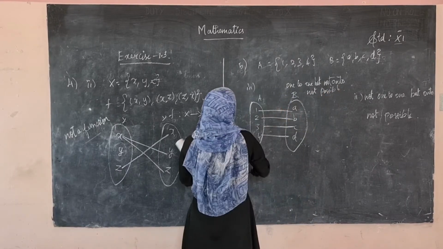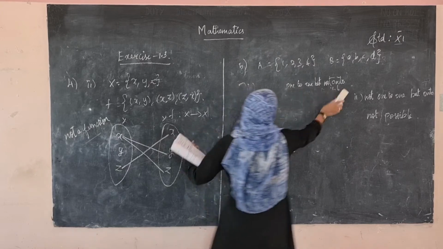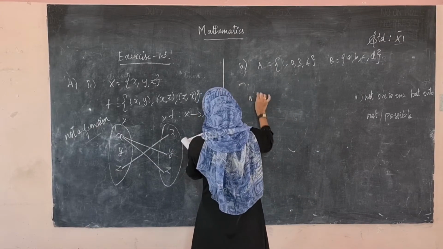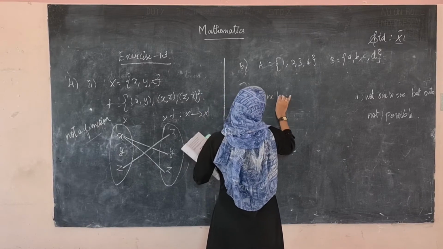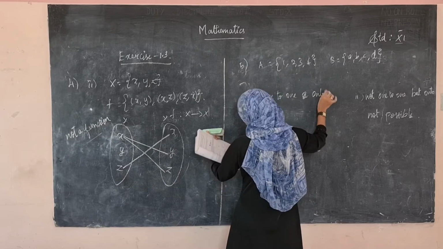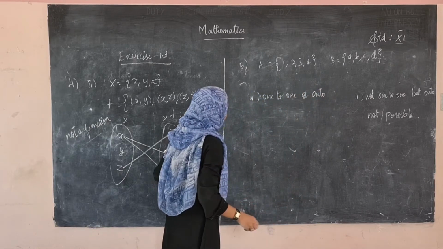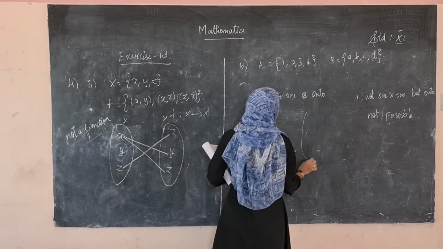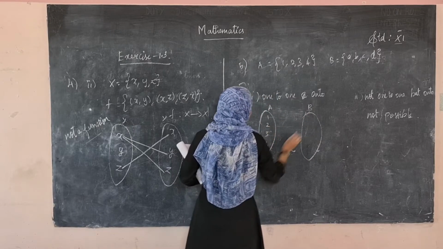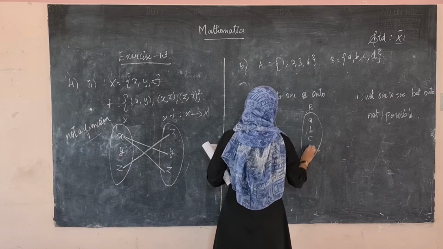The fourth one. What's the fourth one? The fourth one is a function which is both one-to-one and onto. See here, this is A and this is B. 1, 2, 3, 4 and a, b, c, d.